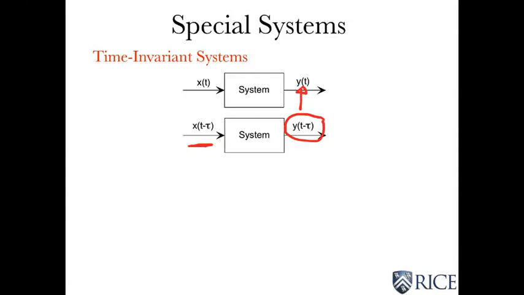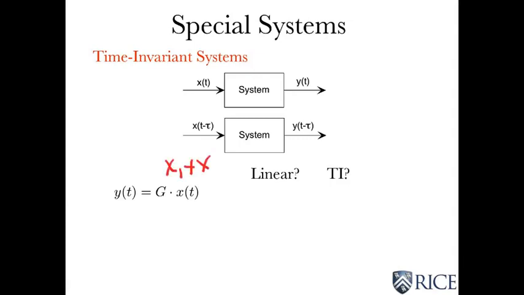So let's go through a little set of examples and see if we can figure out how to classify signals according to whether they're linear or time invariant. So here we have the gain box. Multiply a signal via an amplifier. Let's say G is bigger than 1 and positive. It's an amplifier. Is that linear? Well, if I change x to x1 plus x2, do I get G times x1 plus G times x2?